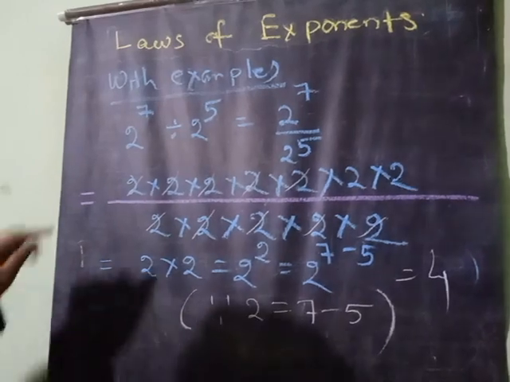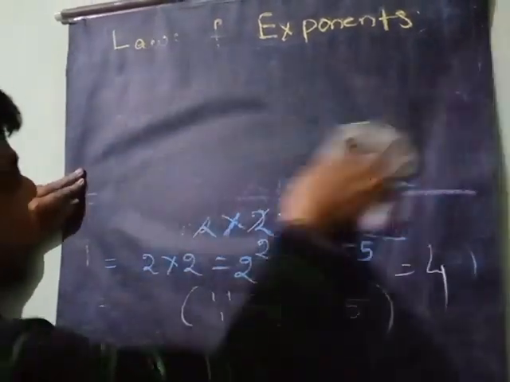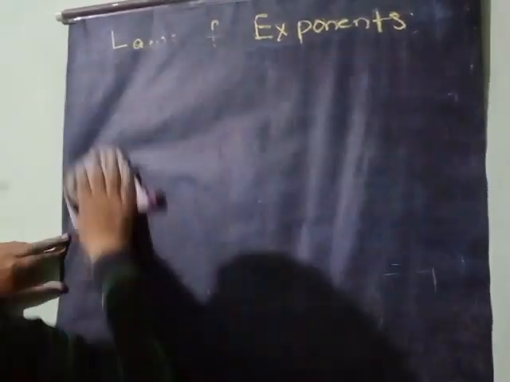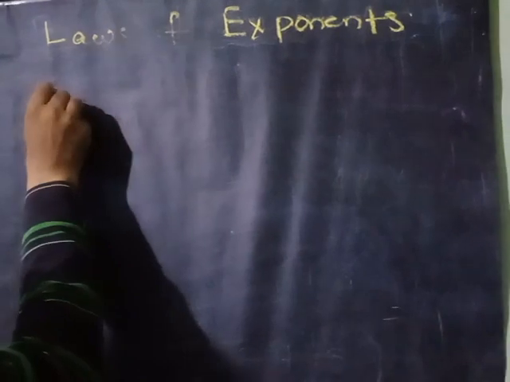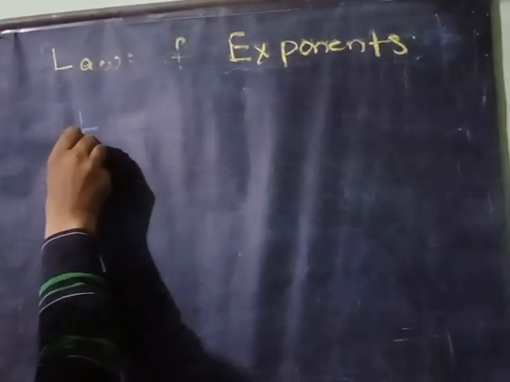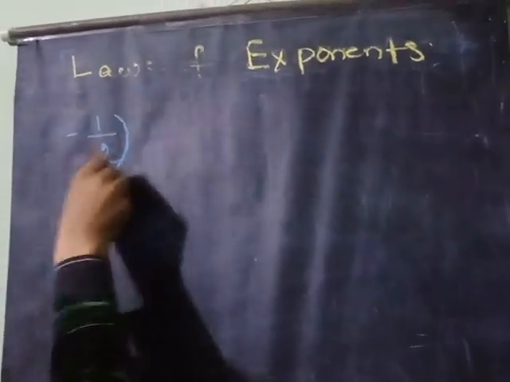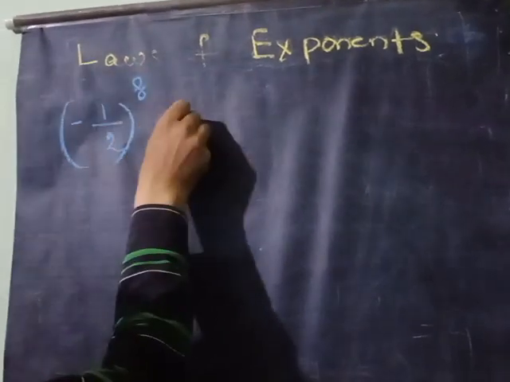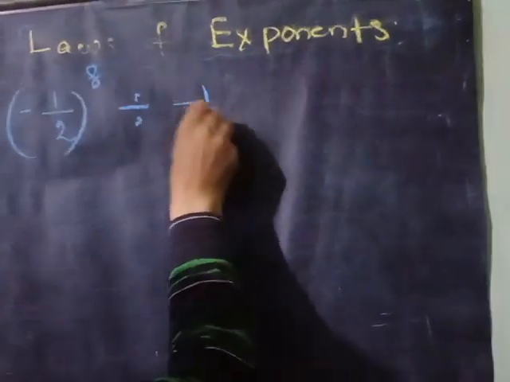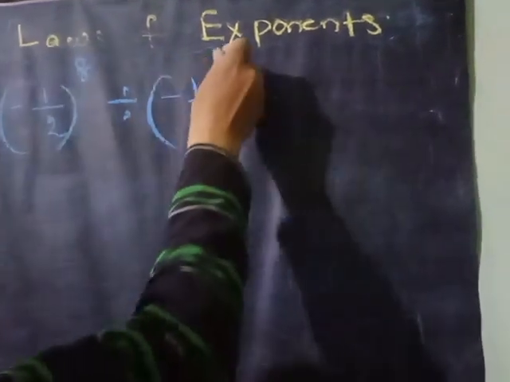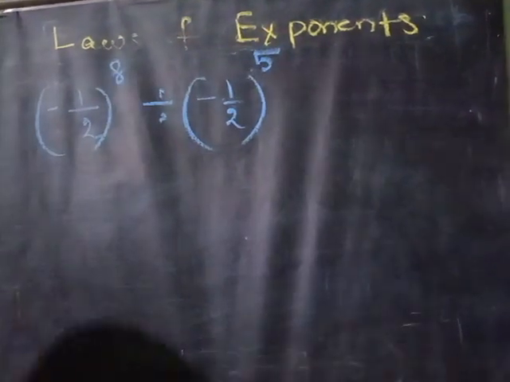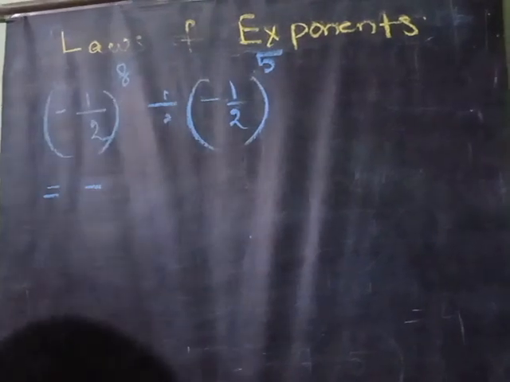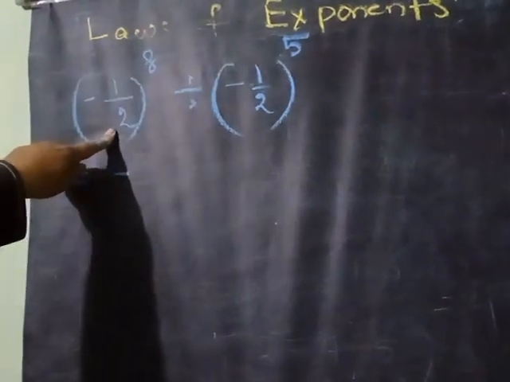Okay students, similarly you can see minus 1 upon 2 whole to the power 8 divided by minus 1 upon 2 whole to the power 5. What is the answer? What is the base of the exponent?